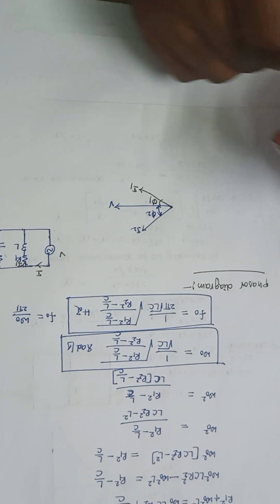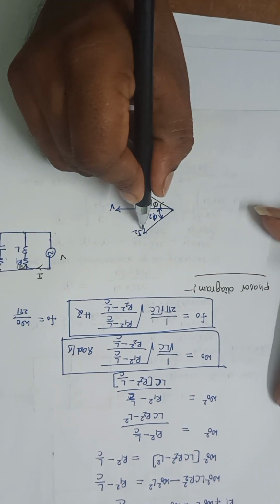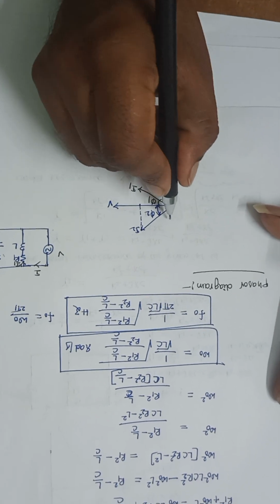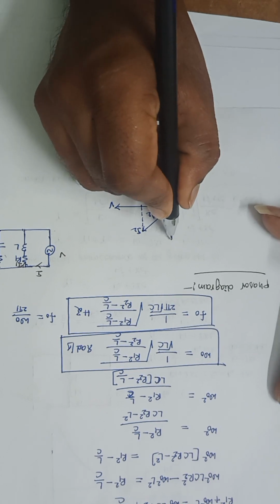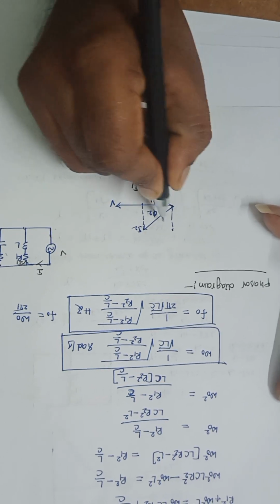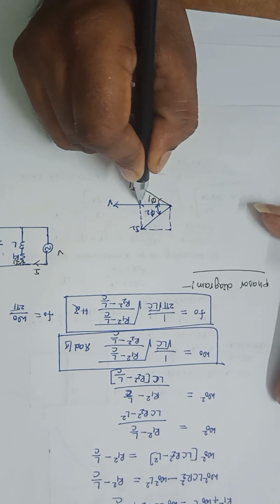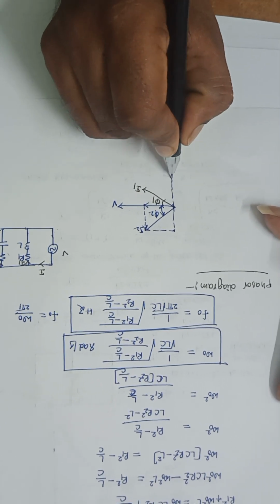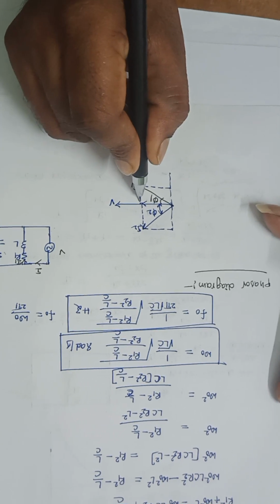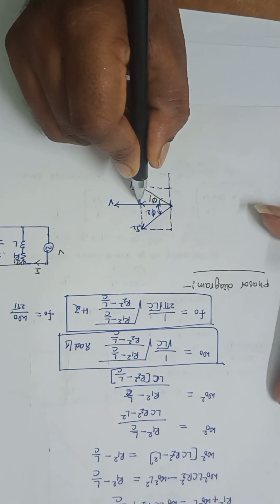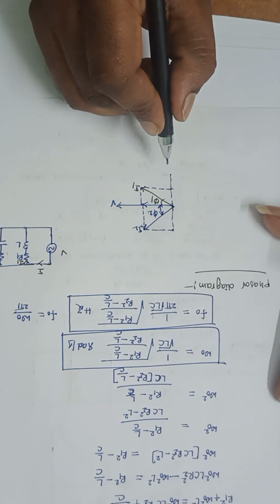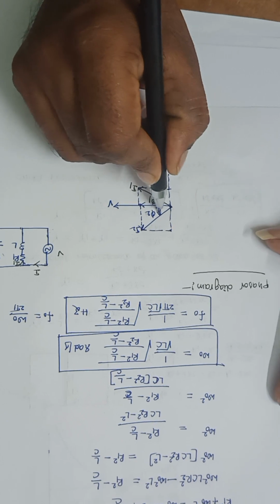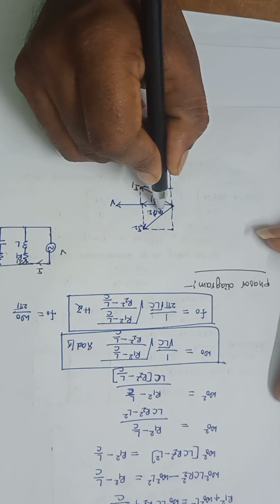Now I can divide these components like this. It is one component, this is another component. Here also, this is one component, this one. If I want to find this, let us consider sin phi 2.